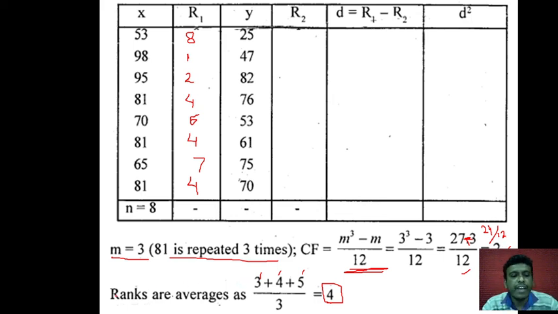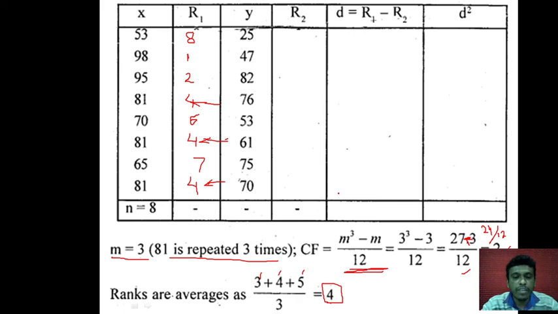Okay, and ranks are averages as, now what rank you should give here wherever there were ties? Everyone cannot be given third rank, there should be separate ranks, so we have to find out average. So these were tied for, if they were not ties, we would have given them 3, 4 and 5 ranks.